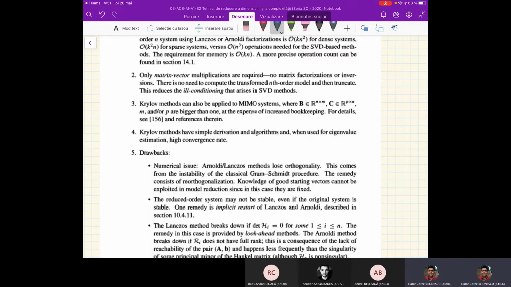They can also be applied to multiple input, multiple output systems. There is an efficient way. You change the problem a little bit. I'll explain up to a certain point, if I have time, to talk about the multiple input, multiple output case.